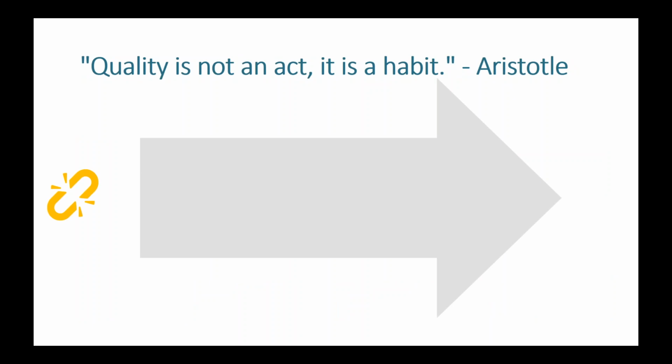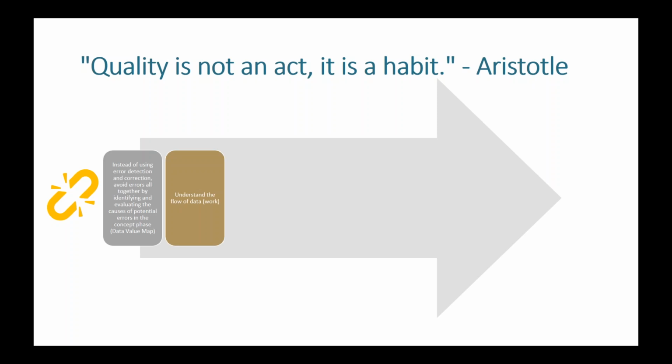So really, quality is certainly not an act, it is a habit, according to Aristotle. I won't read these verbatim, but basically, starting off with the data value map, we can look at avoiding data errors before they've even started.